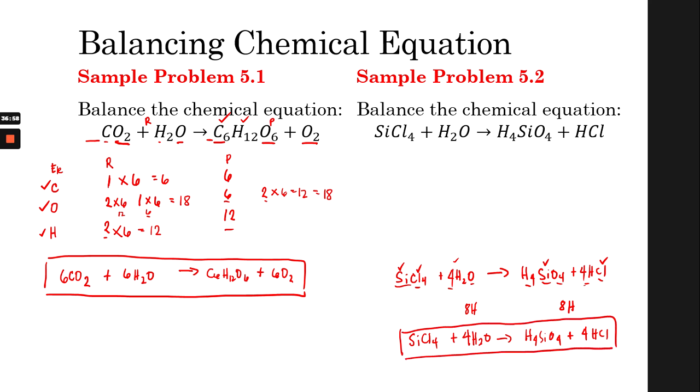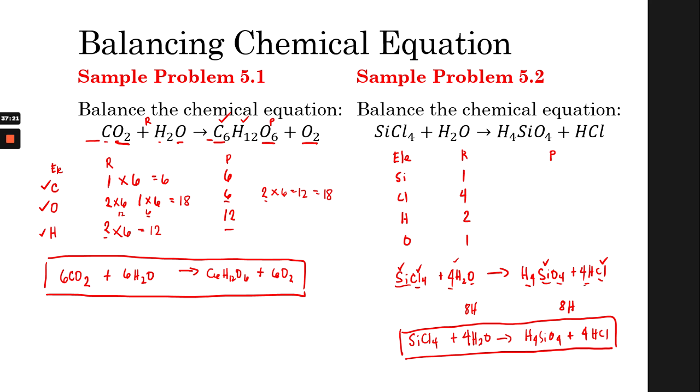Or you can also use the tabulation method, wherein you have your elements, your reactants, and your products. If I'm going to write this, I would have Si, Cl, hydrogen, and oxygen. In my reactants, I have 1, 4, 2, 1.